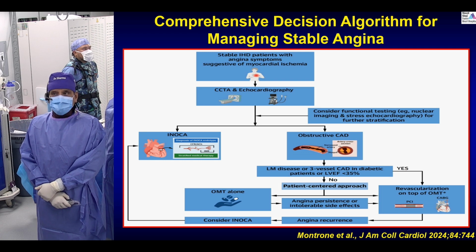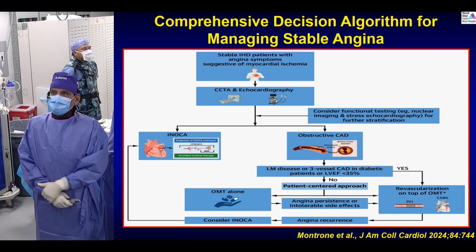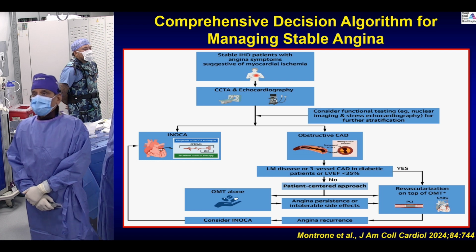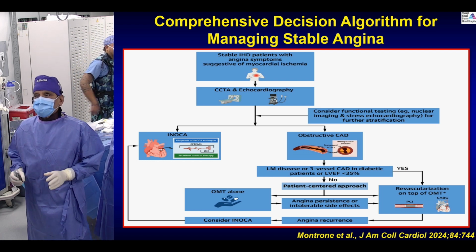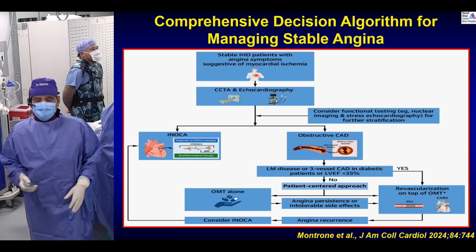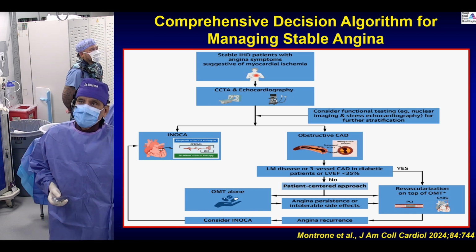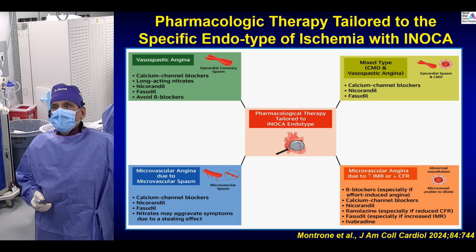But if a patient does not have multi-vessel disease, and the EF is more than 35, and no left main, then you try to manage these patients medically, by medical therapy alone, and of course if symptomatic, then they can go for revascularization.